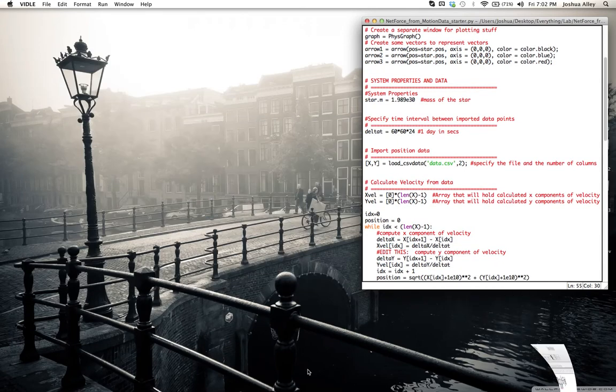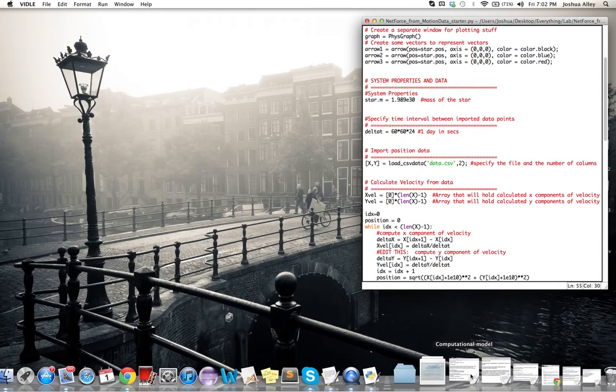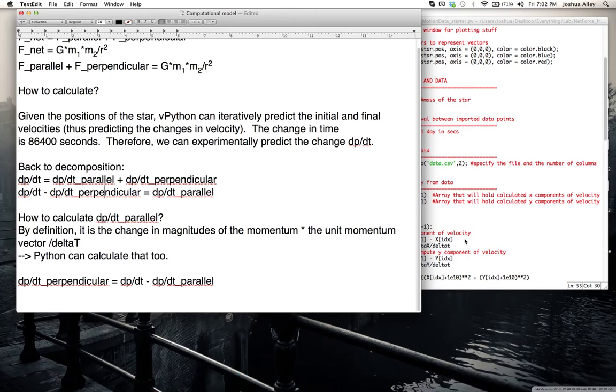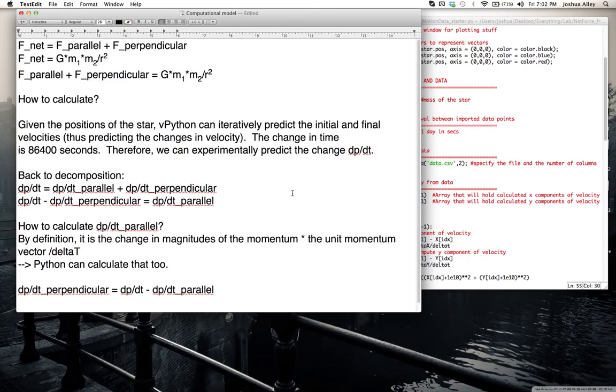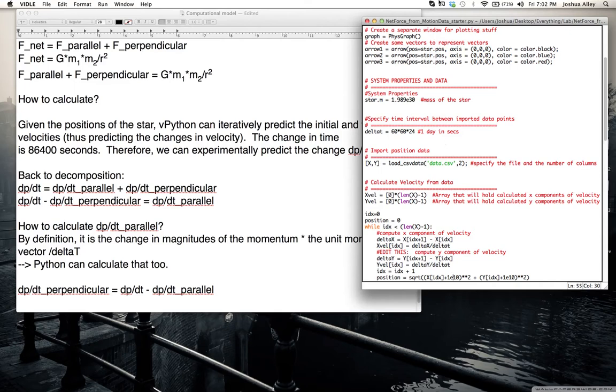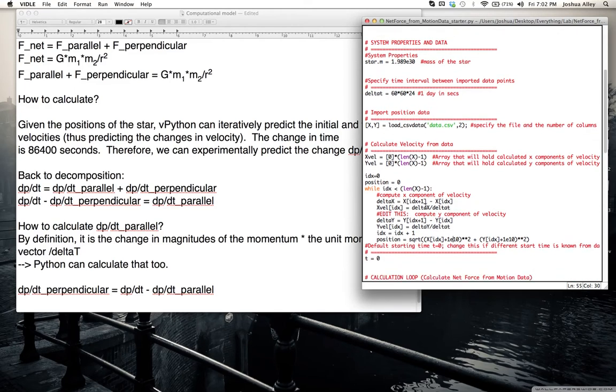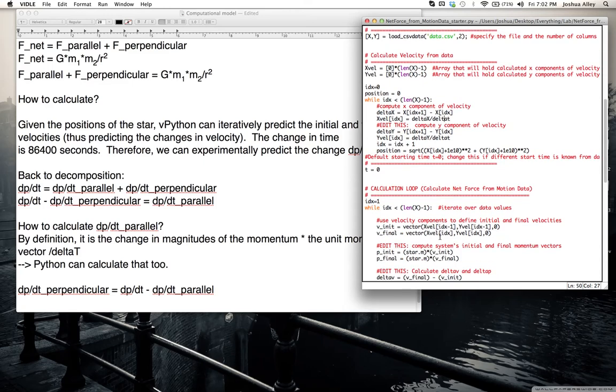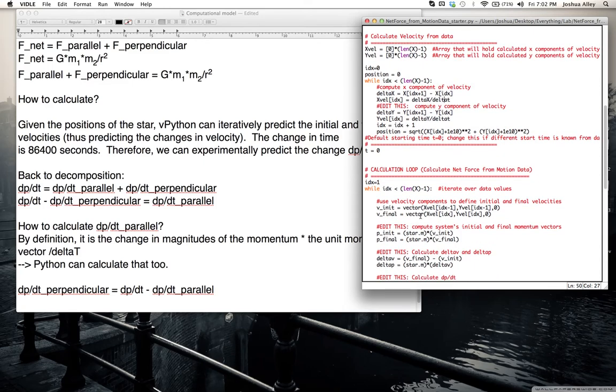Next I had to represent that in the computational model. I determined that I needed to find dp over dt, which I then equate to Fnet. To do that, I first need to find the velocity, which is just the change in position over the change in time. Then I need the initial and final velocities to find the initial and final momentums.